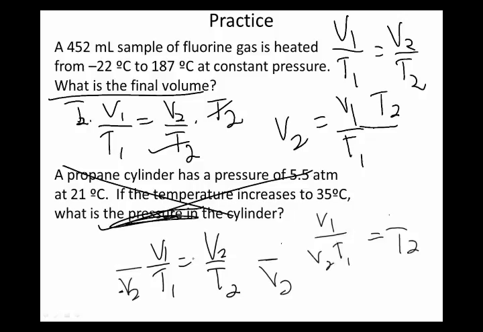This is not the case. This is not true, because V1 over V2 T1 actually equals 1 over T2. You can't just promote something up to the numerator because it's alone.